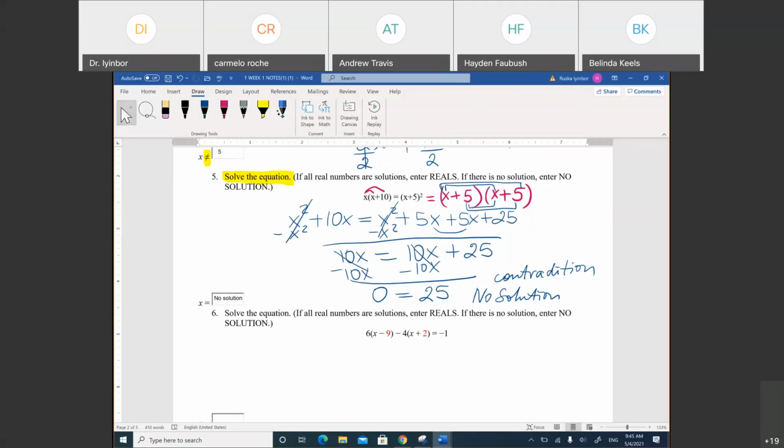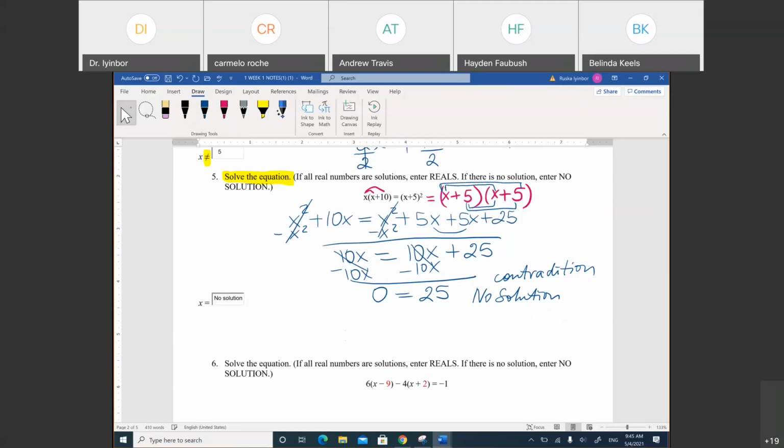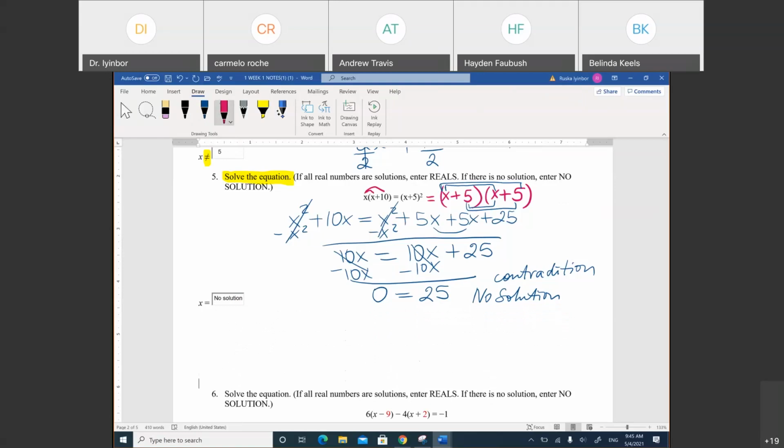I can just stop here, pause for a minute. I'm going to show you how to FOIL. Let's go over that. Probably somebody else is wondering how to get x plus 5 times x plus 5. So I'm going to write it here. You're doing x plus 5 and x plus 5, right? This is how you FOIL.